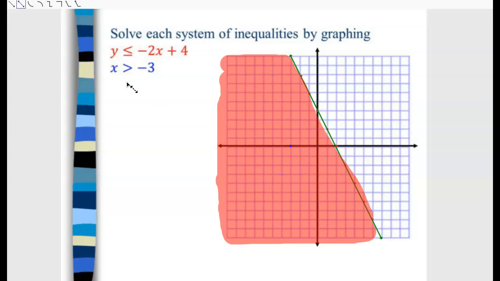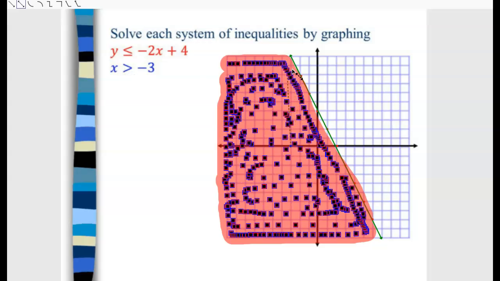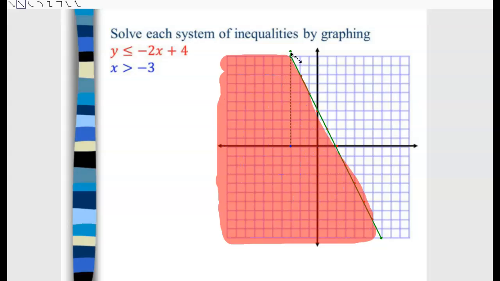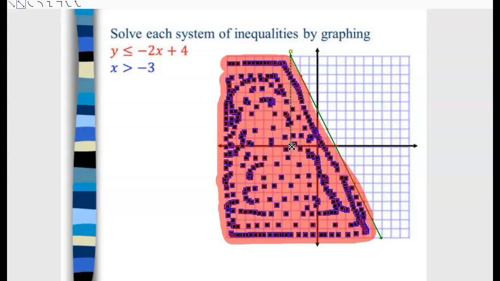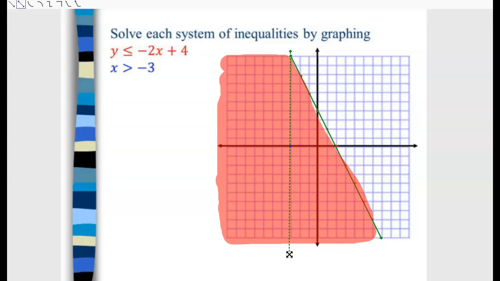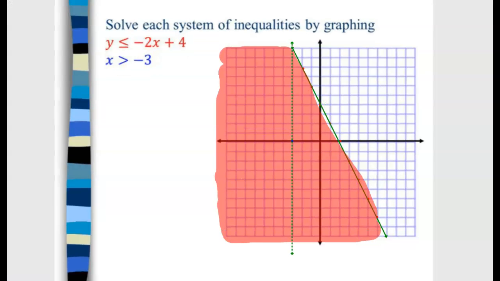It is dashed. And then x is greater than negative 3. So when x is greater, that is to the right.